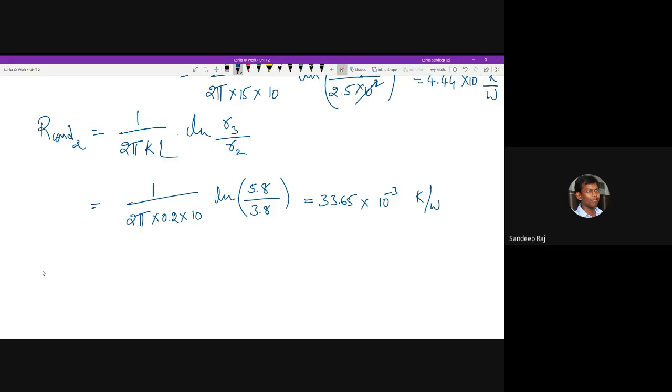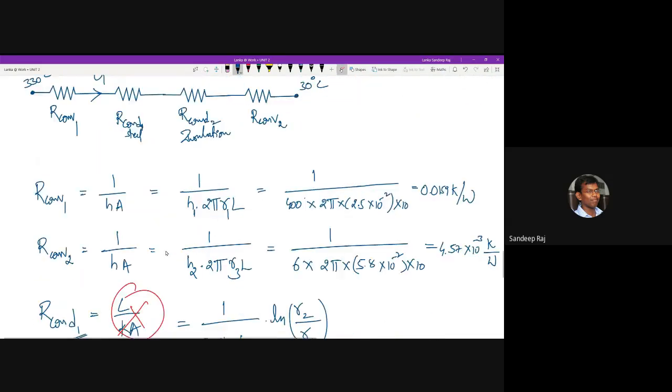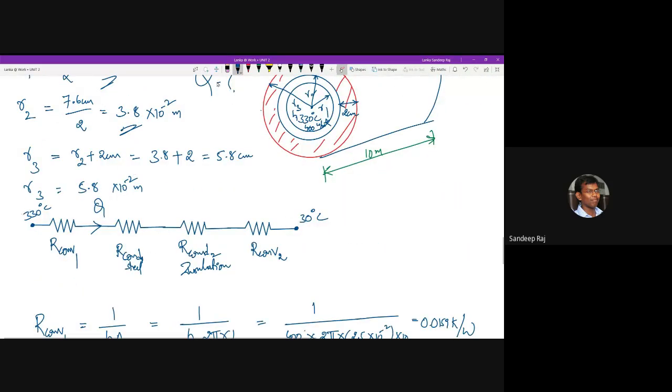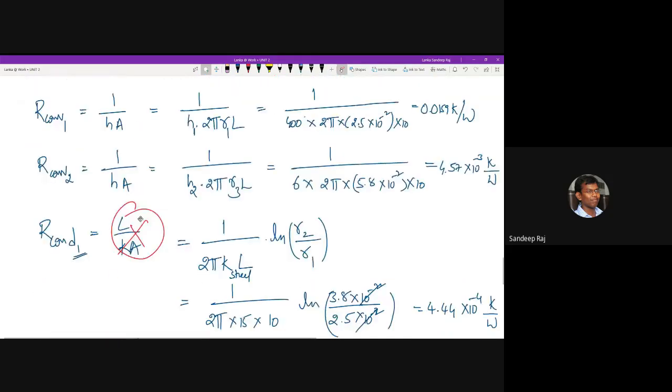Now, what the question is asking you to find is your Q. What is the formula for Q here? You will obtain it using your resistance circuit itself, like the previous one that you considered in your slab case.